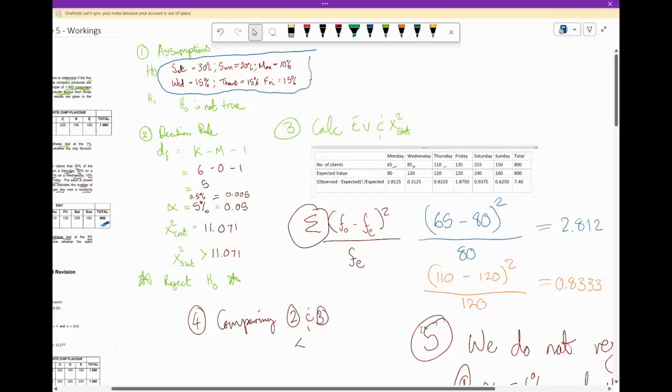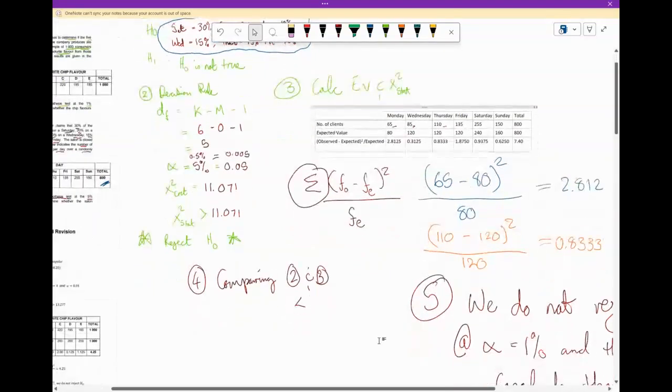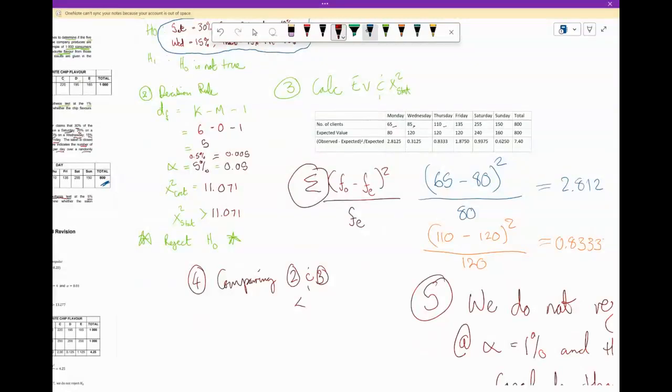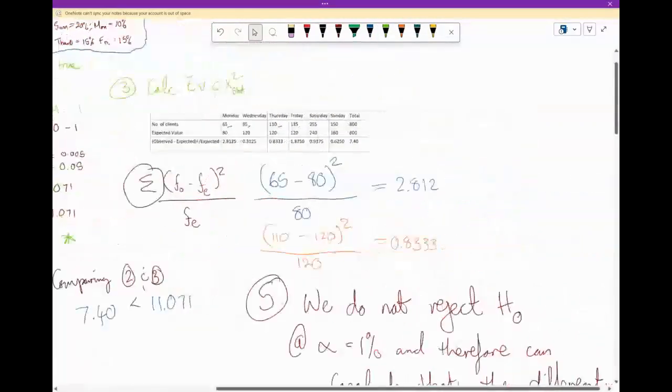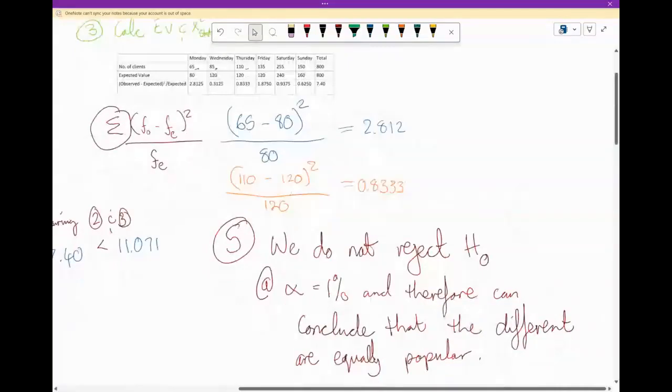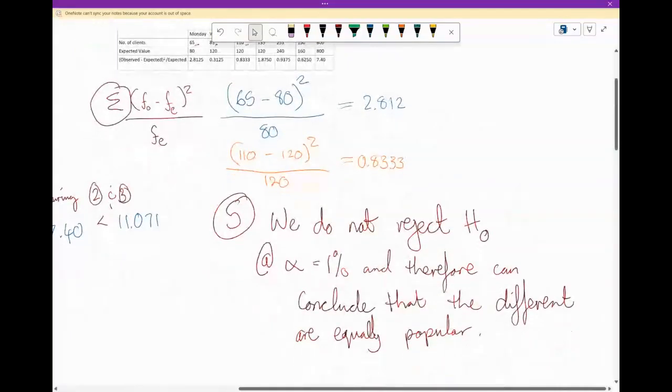So the total you should get here is 7.40. And we are even already home and dry because all that we need to do is compare. We've got 7.40 and we know that's less than 11.071. So we're concluding we do not reject the null hypothesis at, this time it's 5%, isn't it?